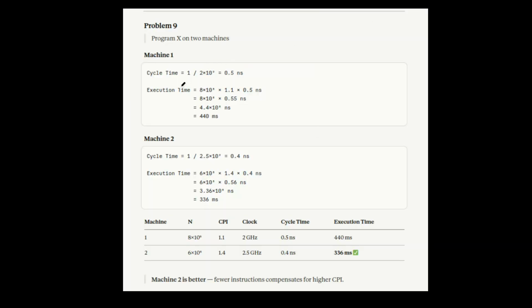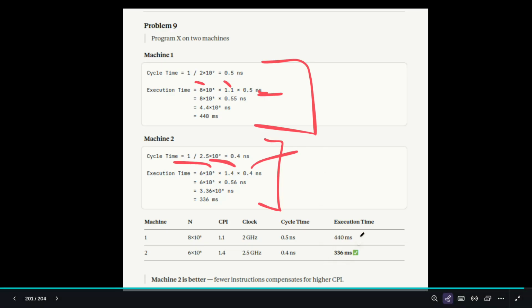Again we calculate the execution time by the total number of instructions into CPI, given as 1.1, then you divide for calculating the clock time. You found this. Again for machine 2 you do the same thing: total number of instructions, CPI, clock time. Then you notice that 336 is the smaller value, so machine 2 is the better one here.